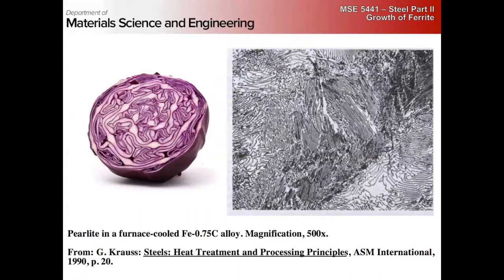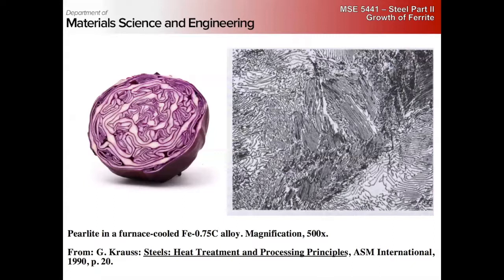I guarantee you, if someone had never seen a cabbage, and you just gave them this and asked them what the shape in 3D was, our brain doesn't work very well at trying to put the 3D picture together from 2D information.